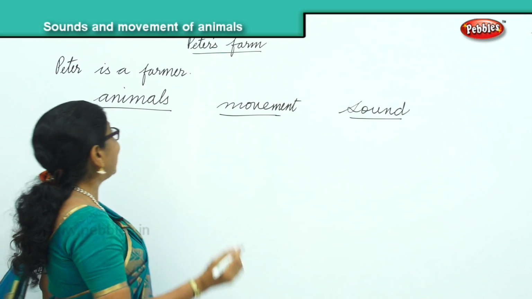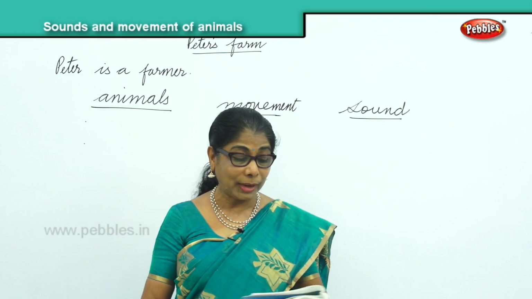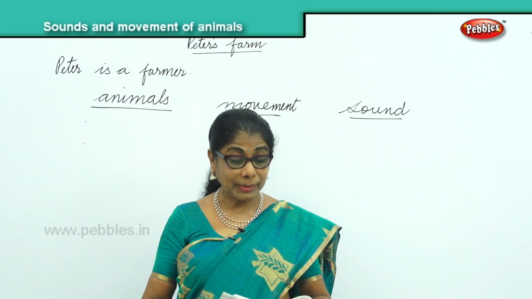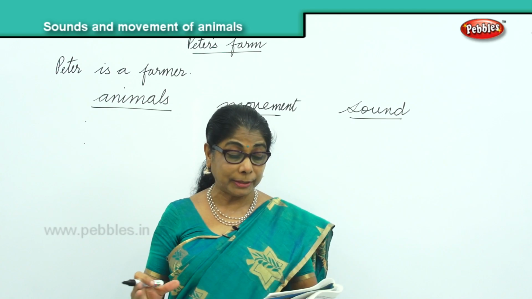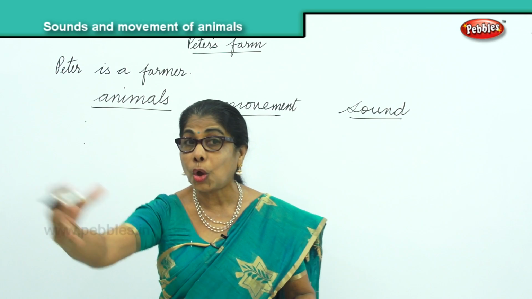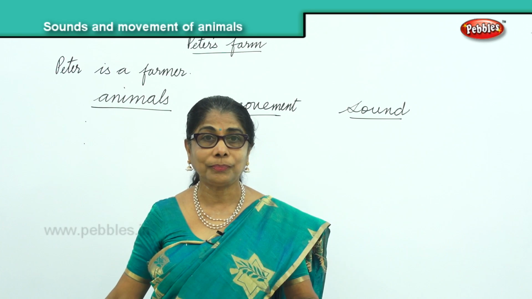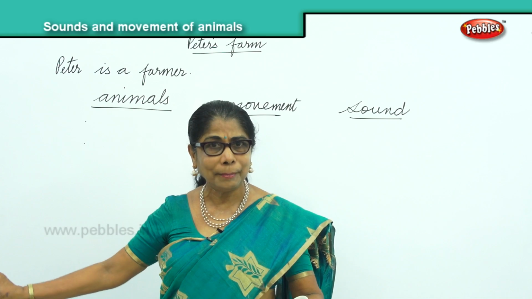Now let's see. I'll read the story for you. You can also rewrite, you can write your own. Okay. Peter's farm. Peter is a farmer. He has several animals on his large farm. There is a large pond in Peter's farm.